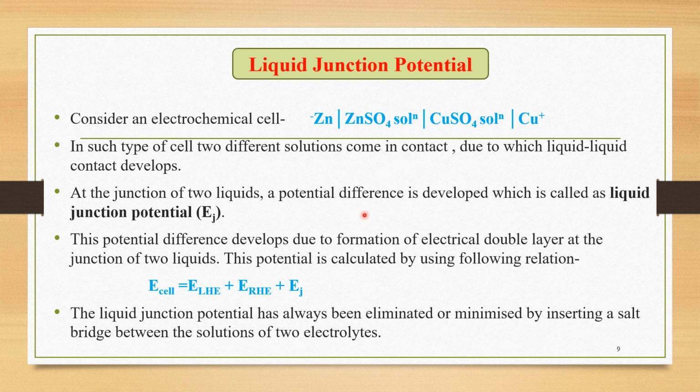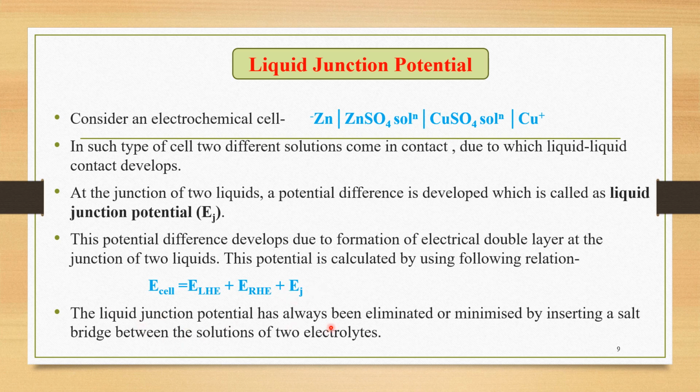This potential is calculated by using this relation: cell potential is equal to the potential of the left hand electrode plus the potential of the right hand electrode plus the liquid junction potential. If we know the cell potential as well as the potentials of the left hand electrode and the right hand electrode, we can easily calculate the liquid junction potential.